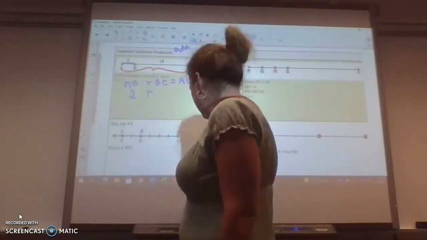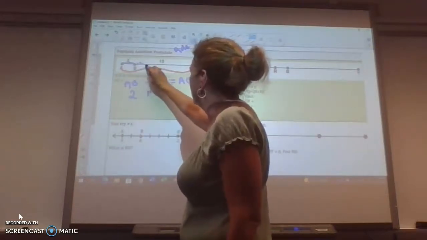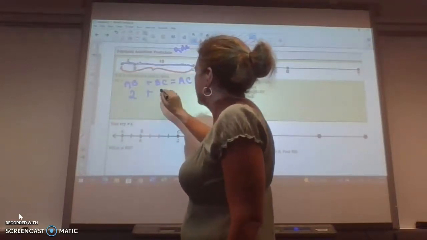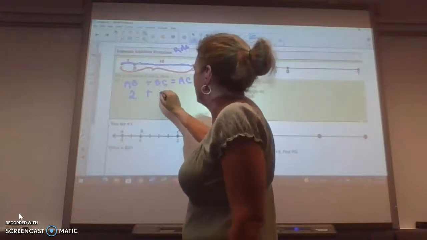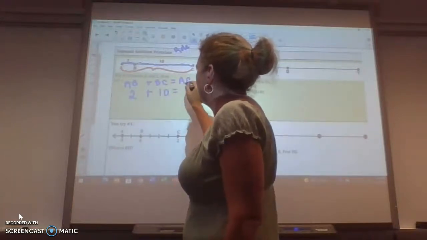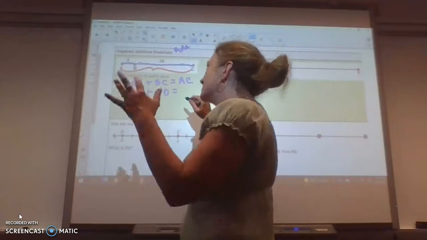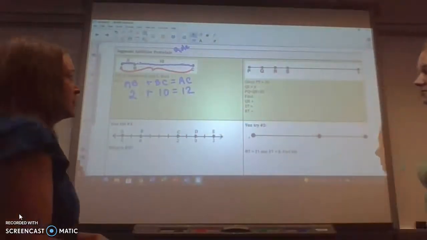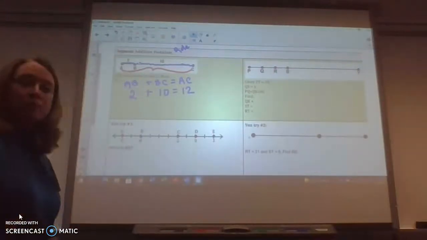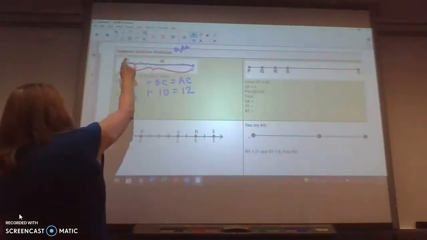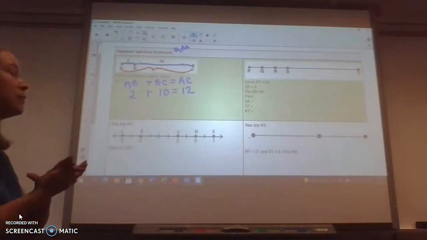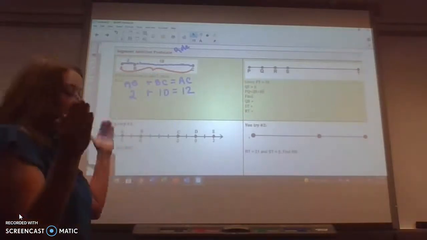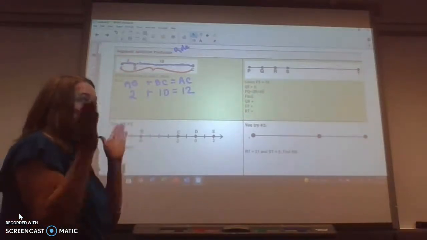And then BC, this piece right here, is 10. So I'm going to replace BC with 10. And that's going to be AC. And 10 plus 2 is... Ta-da! So it's really just taking pieces and adding them together, right? Which is why they say it's segment addition postulate, or adding parts of the segment to make the whole segment. Part is what equals whole.